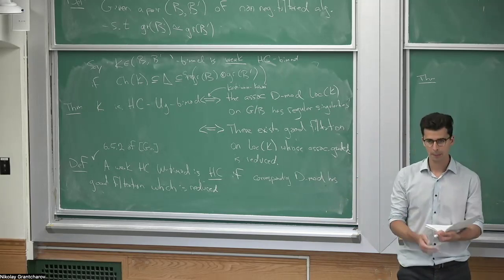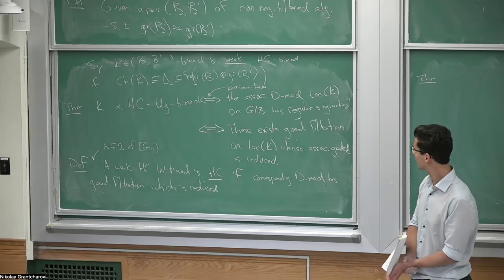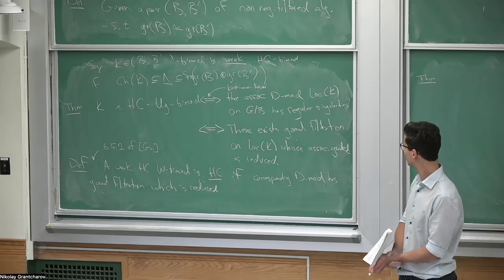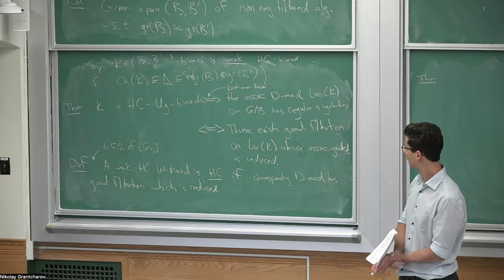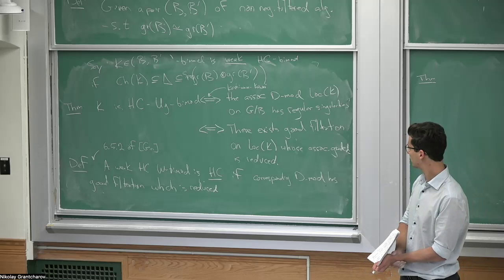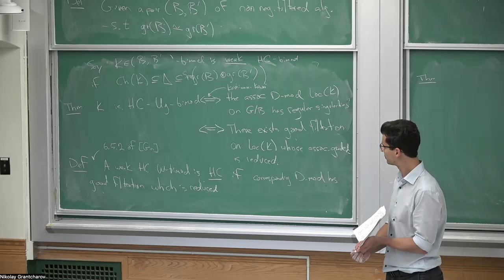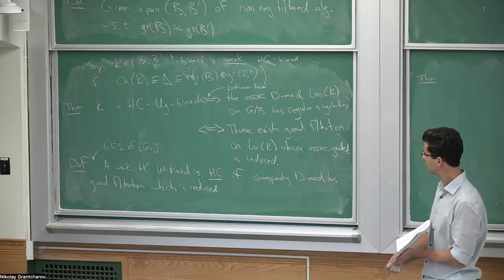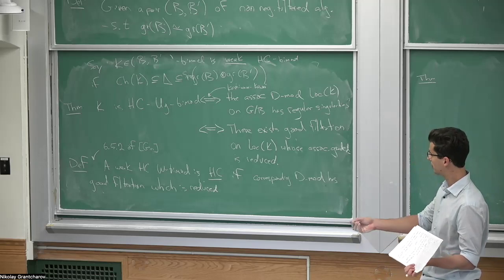How to connect this D-module world with the B comma B prime world. In this definition, the two worlds are combined. The good filtration has to be reduced. This brings implicitly B and B prime are UG.